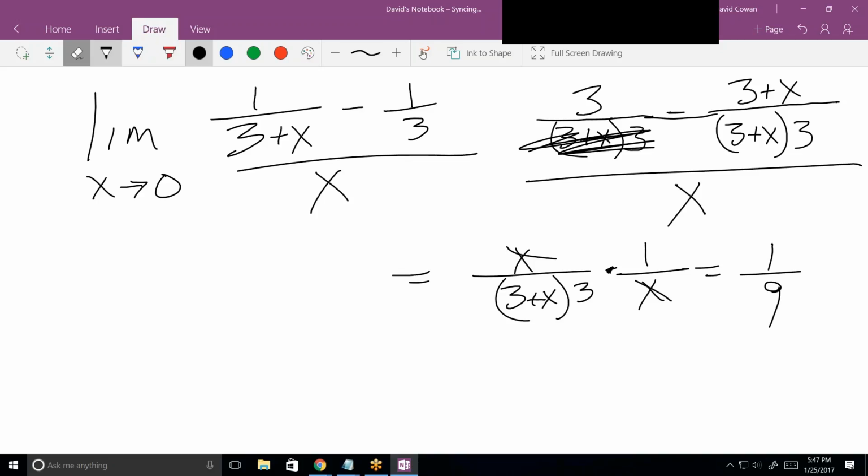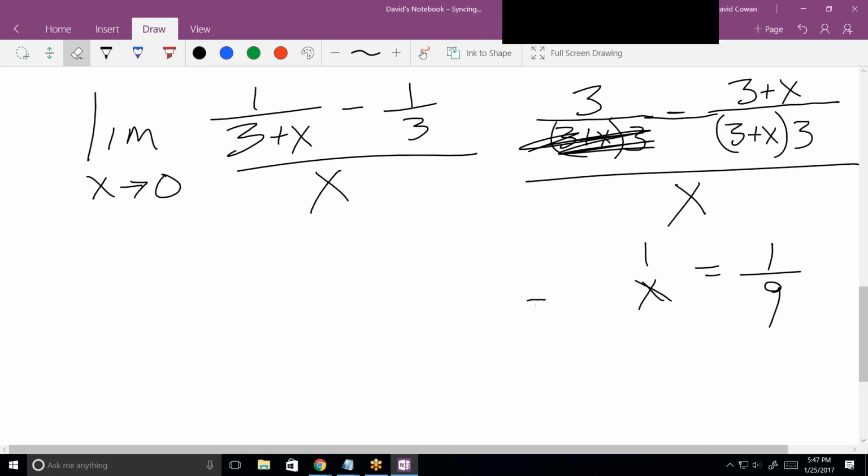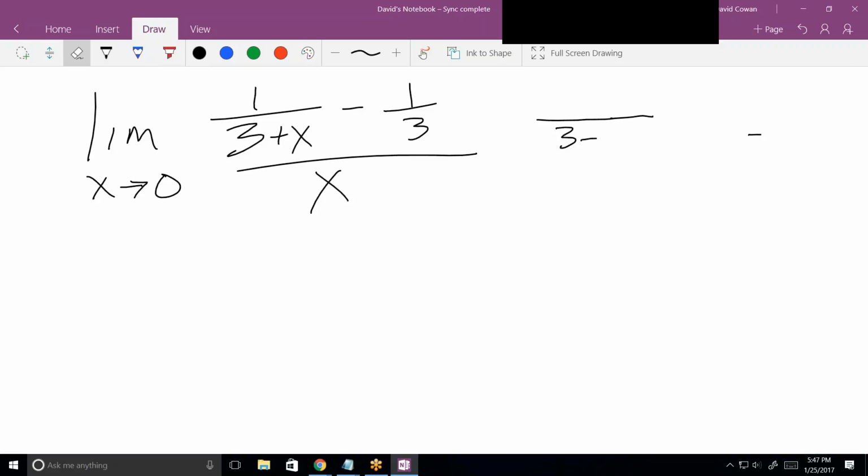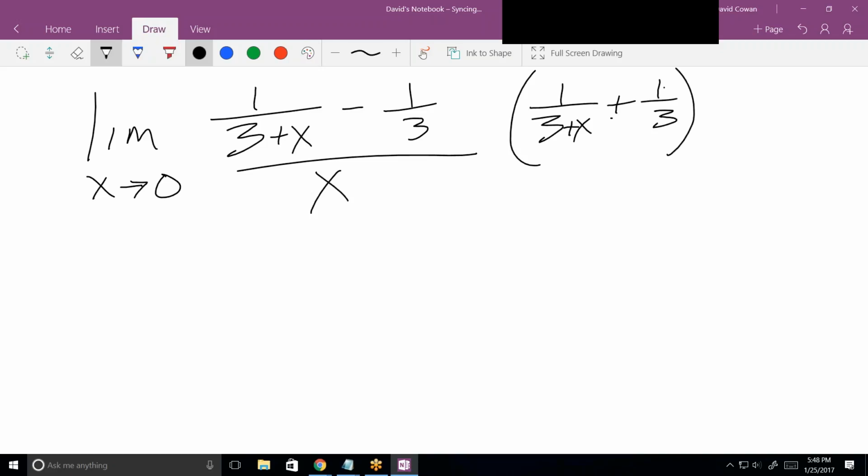Now, I'm a little curious. What would happen if we did multiply by the conjugate? I've always assumed you have to do these the way I just did it. But what if we multiply by 1 over 3 plus x plus 1/3, top and bottom? In other words, you might be able to use the conjugate always.